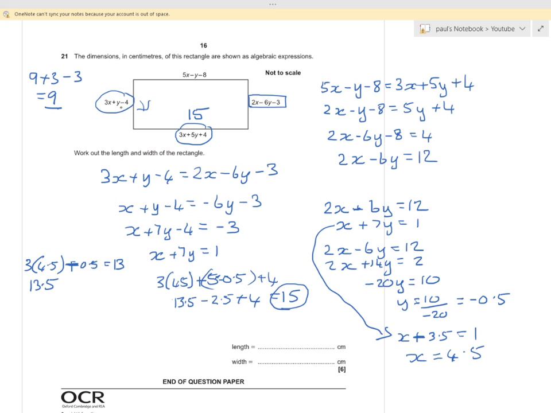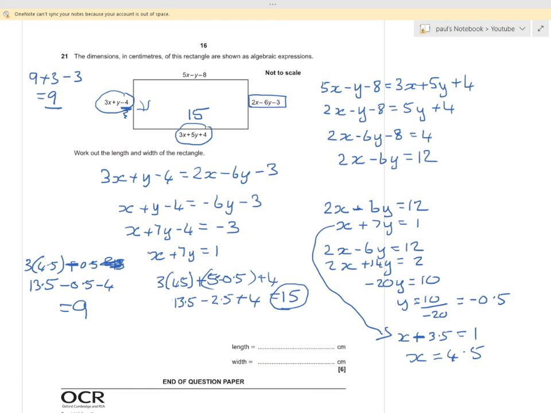Oh, there, look, I forgot the minus 4. So 13.5 minus 0.5 minus the 4. Yeah, I forgot that little bit there. So that's 13. Take away 4 is 9.